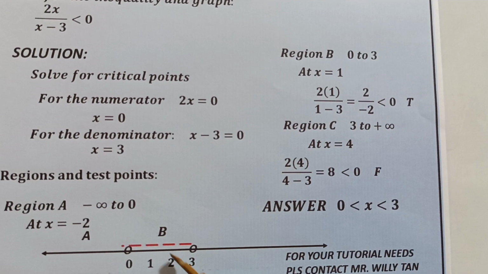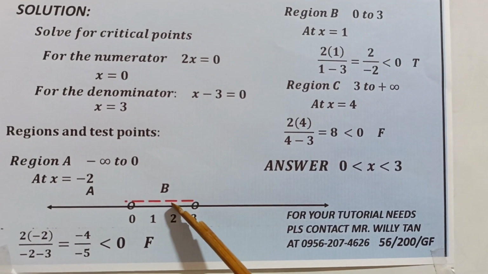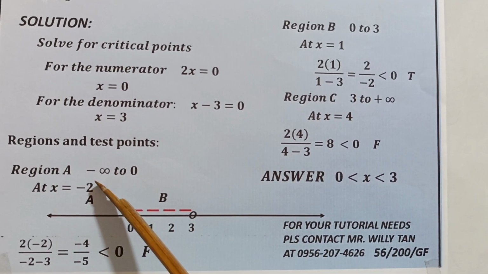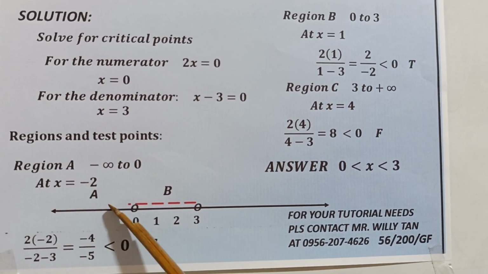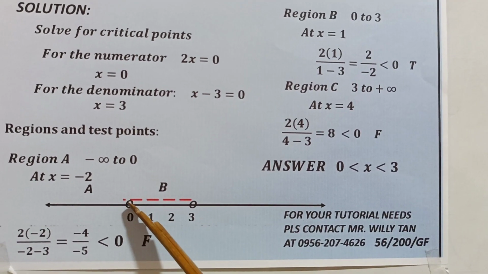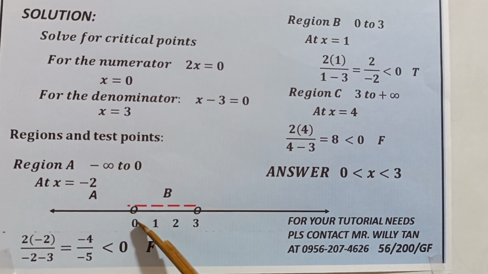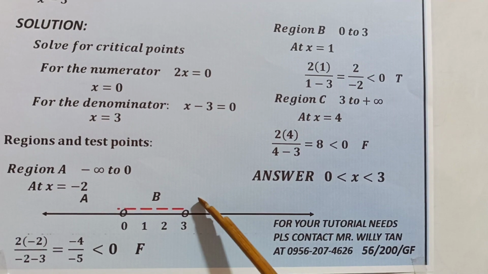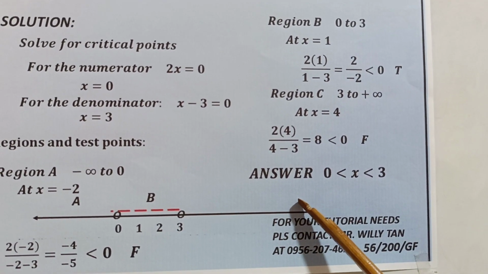So we divide this number line into 3 regions. The first region, region A, will be from negative infinity to 0. The second region, region B, will be from 0 to 3. And for region C, 3 to positive infinity.